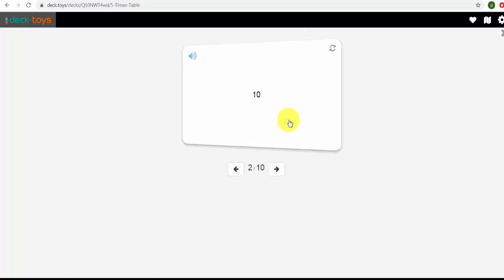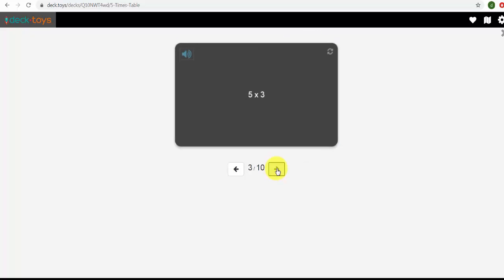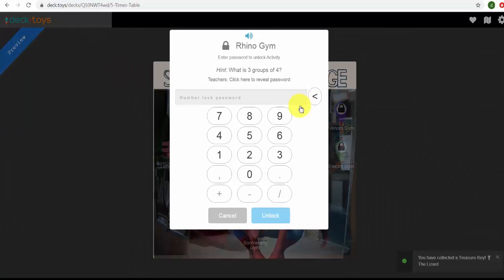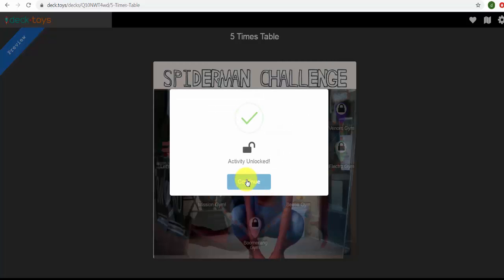2 times 5 is 10. Okay? 3 times 5 is 15. Now we know all these, so I'm going to go to the very end and hit the X. And we're going to go to the Rhino Gem and hint. If it's 3 groups of 4, 3 groups of 4 means it's going to be what? 12. Hit unlock. Okay?